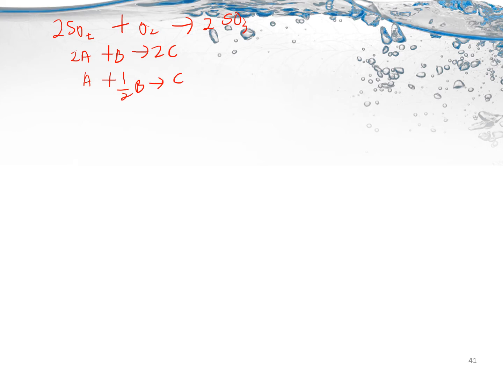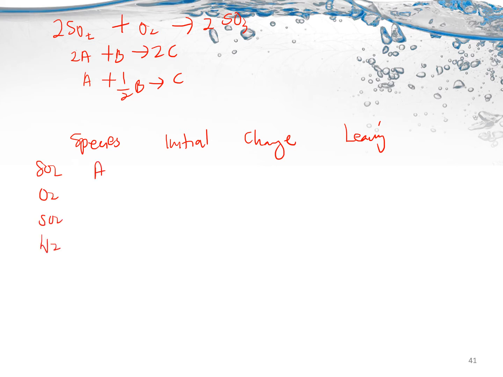We have the species here, and then we have the inlet, or we call it initial, and we have a change here, and we have leaving here. Okay, so from here we have SO2, we have O2, SO3, and we have the inert there. Alright, so we just denote them as A, label B, C, and I here.